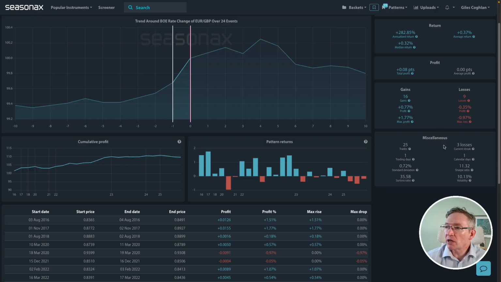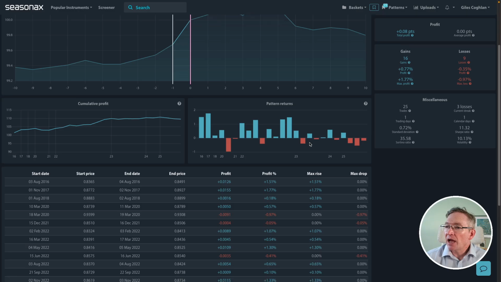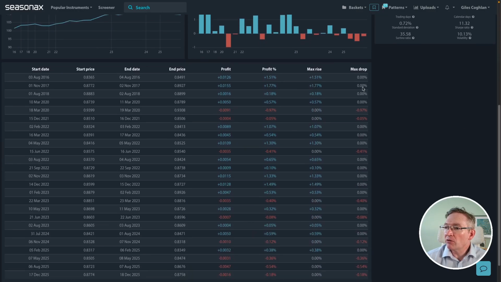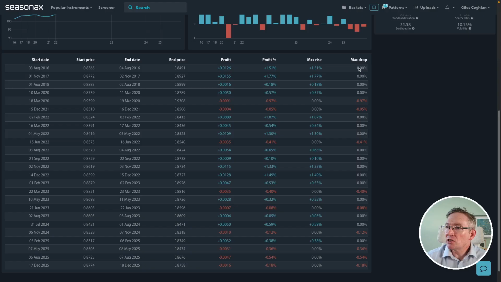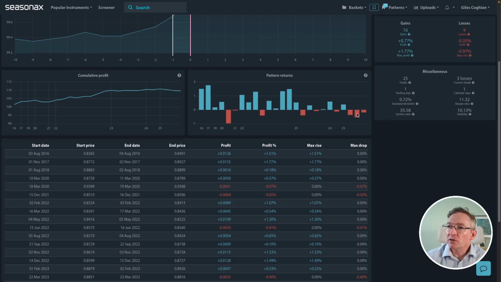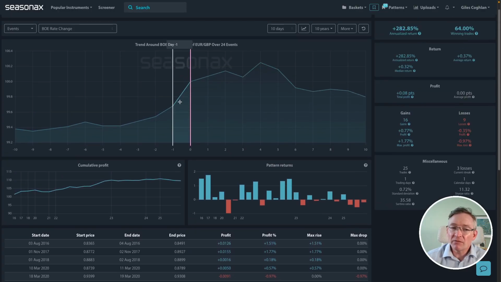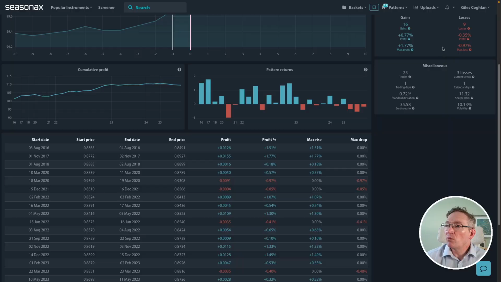So for a short trade, the maximum fall is 0.97%. And if we look at the maximum drop on the right hand side, you can see that the maximum the euro pound has ever fallen on a Bank of England interest rate decision is 0.97%.